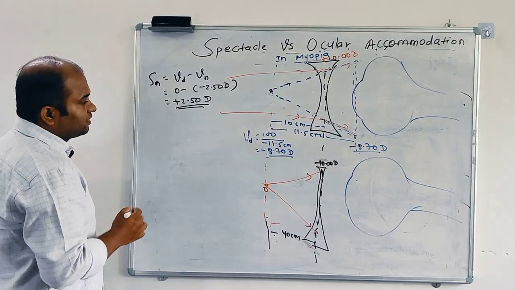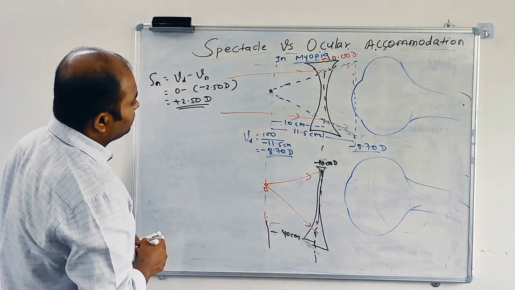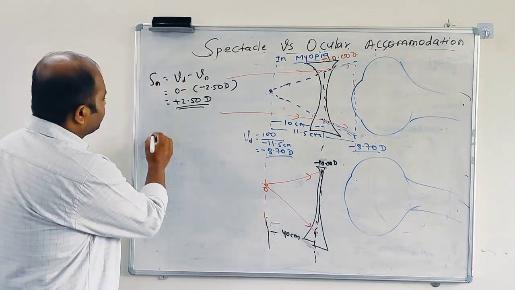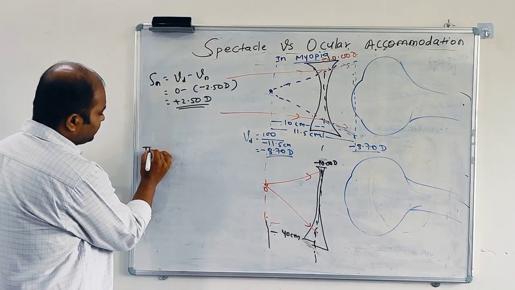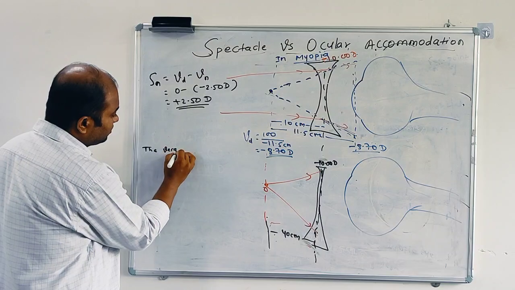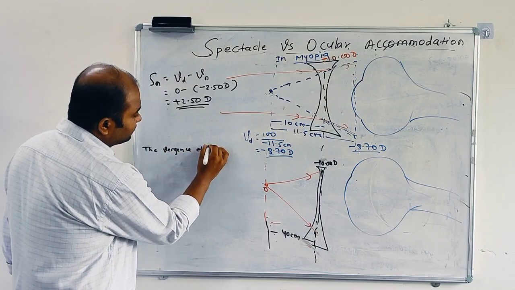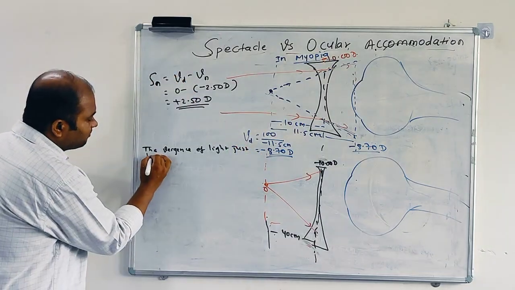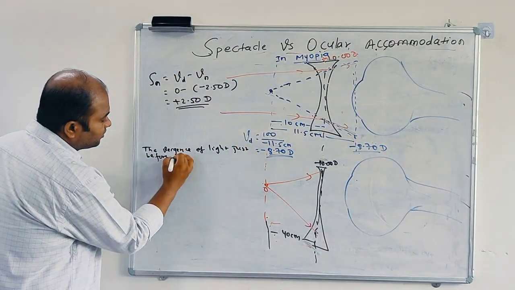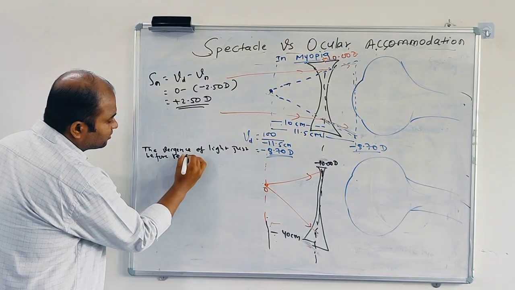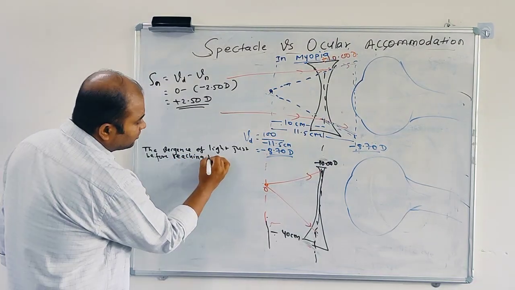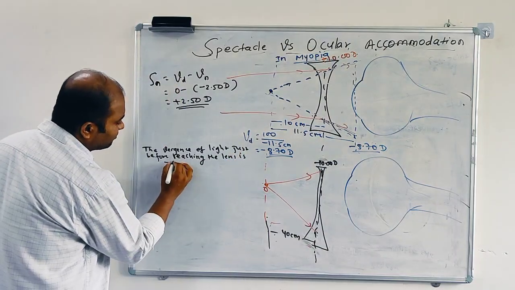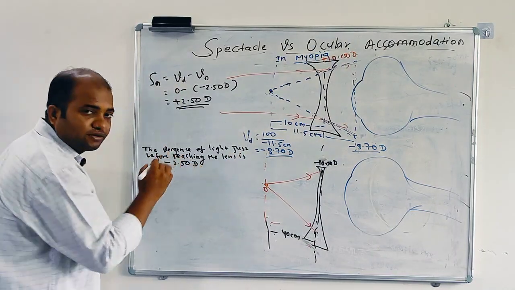So the Vergence of light just before reaching the lens is how much? Minus 2.50 diopter.